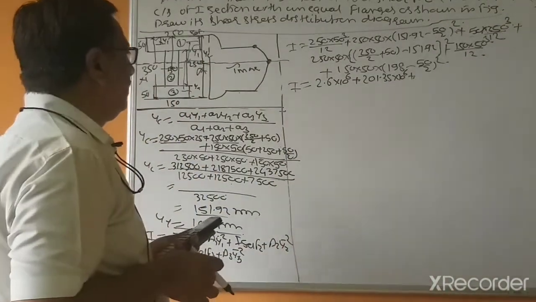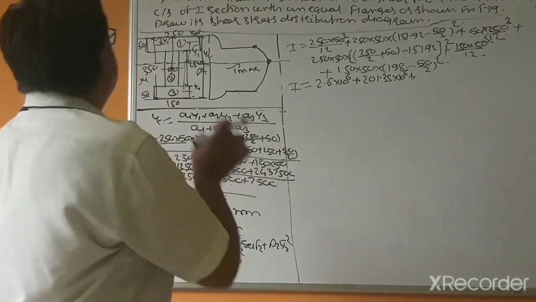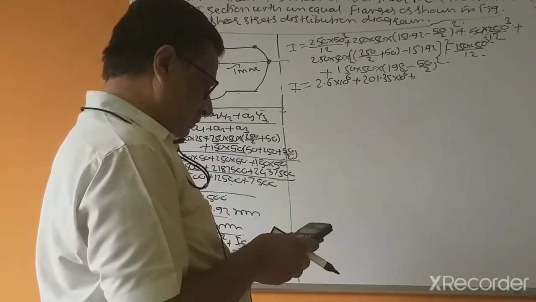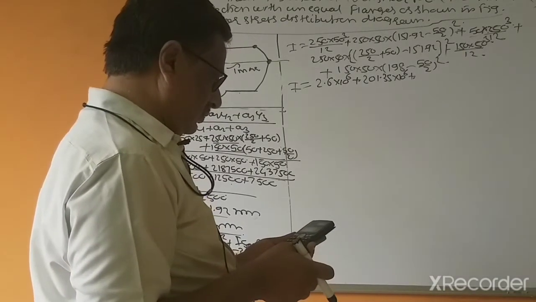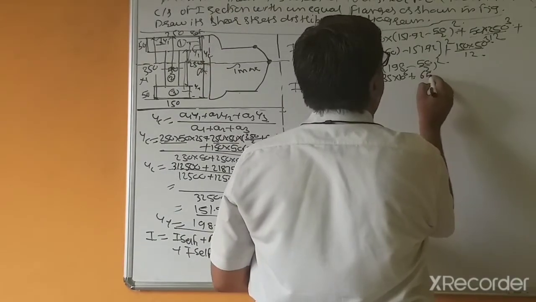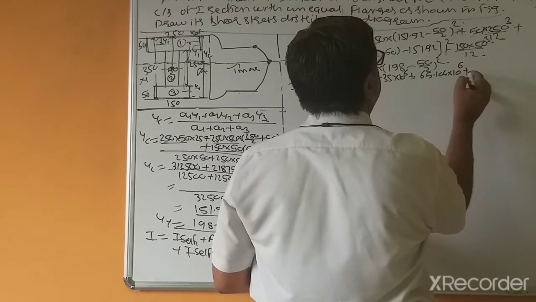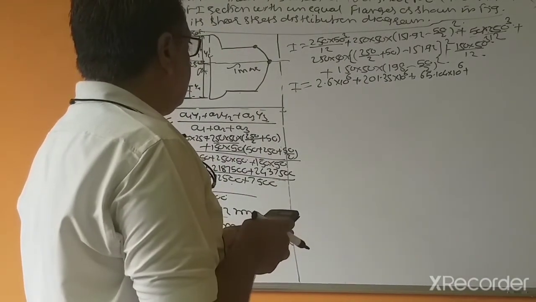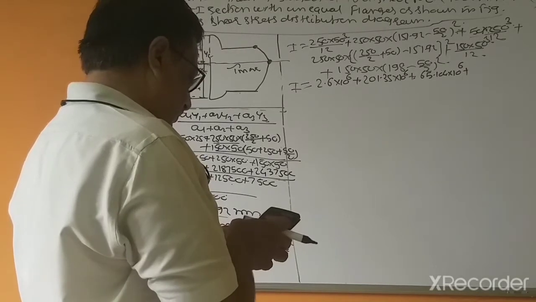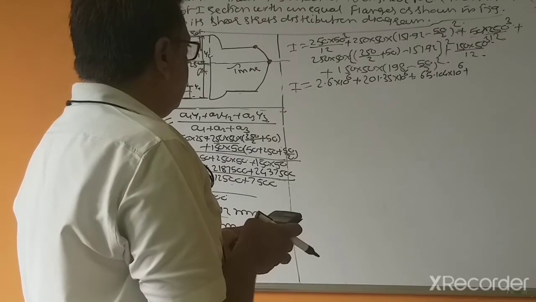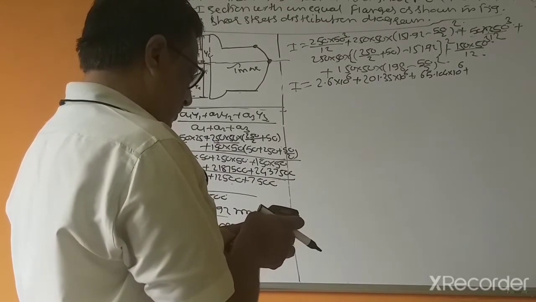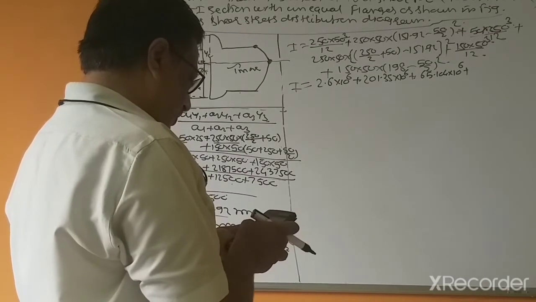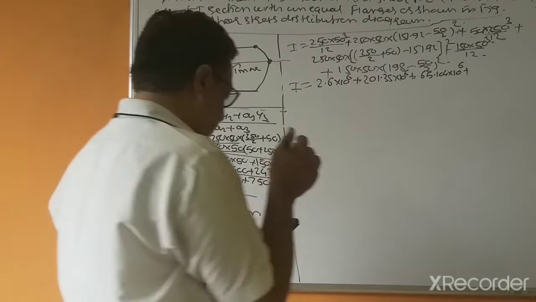So make the correction: B equal to 50 and depth equal to 250. 65 into 10 to the power 6 plus 125, 175 minus 151.92 square multiplied by 250, 6.658.